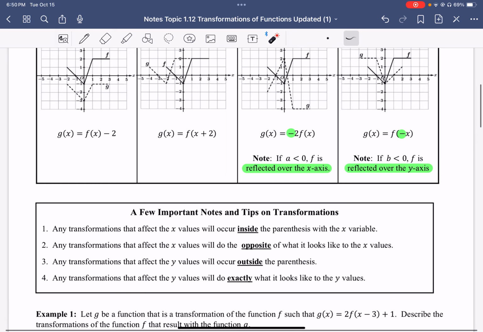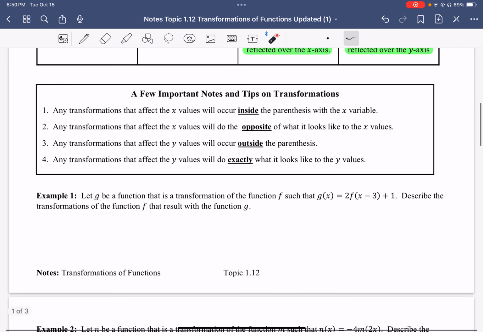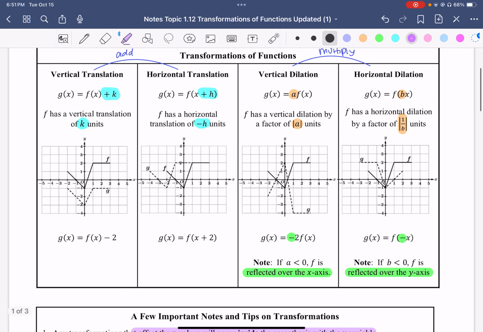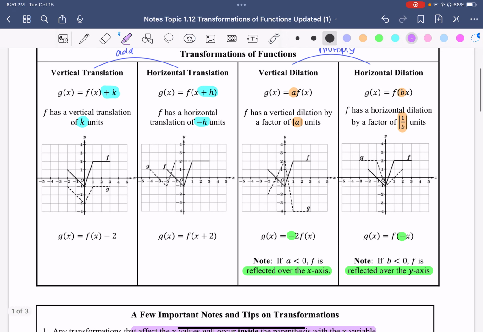Okay, a few important notes and tips on transformations. So again, any transformations that affect the x values will occur inside the parentheses with the x variable. And everything that affects the x values will do the opposite of what it looks like. So let's go back and look at the horizontal translations and the horizontal dilations.